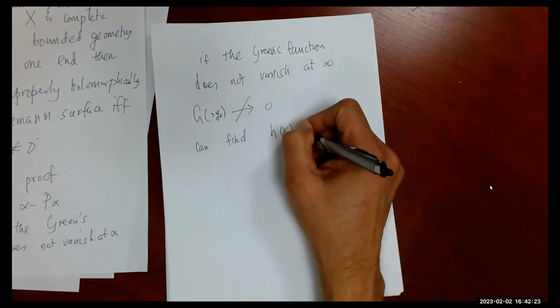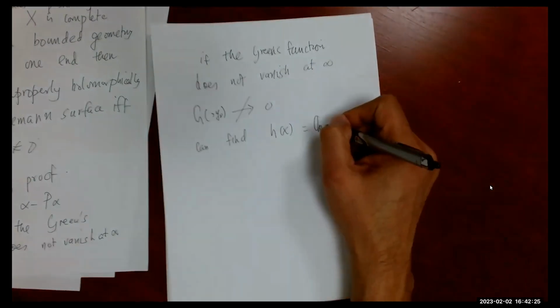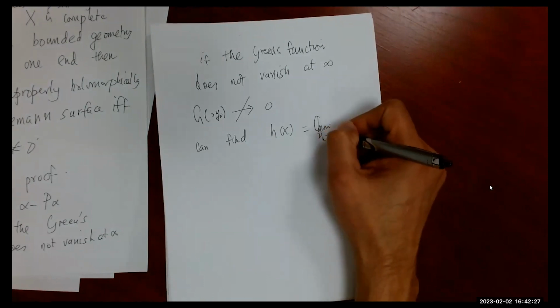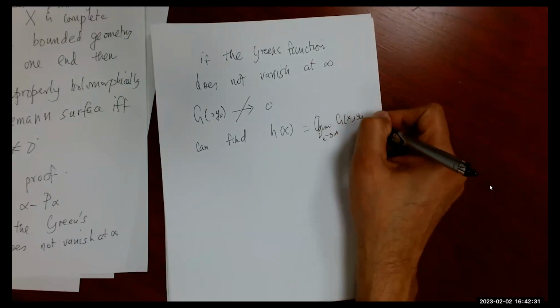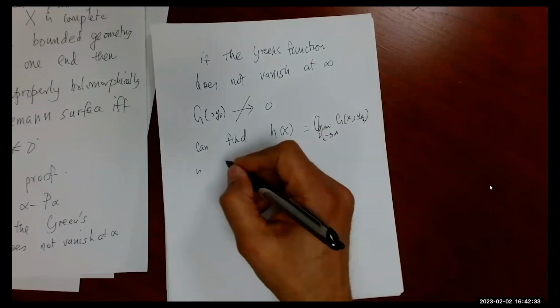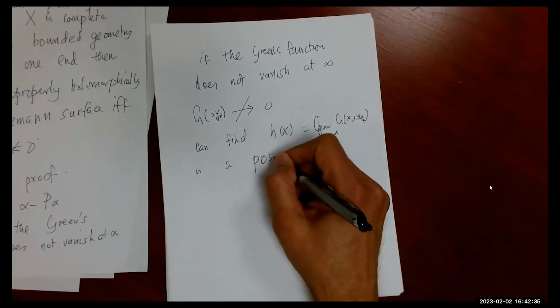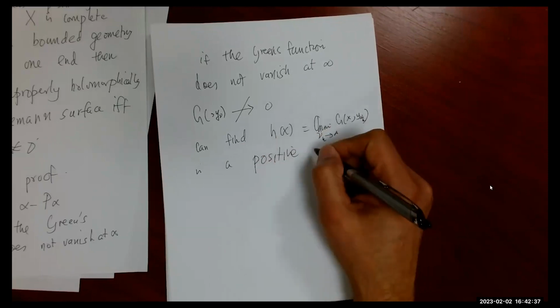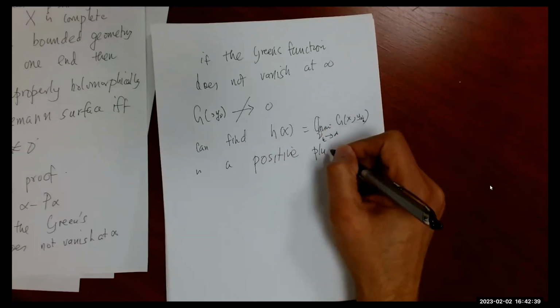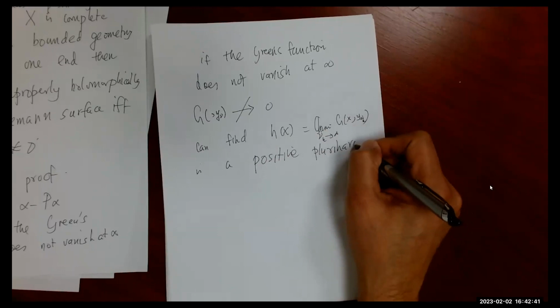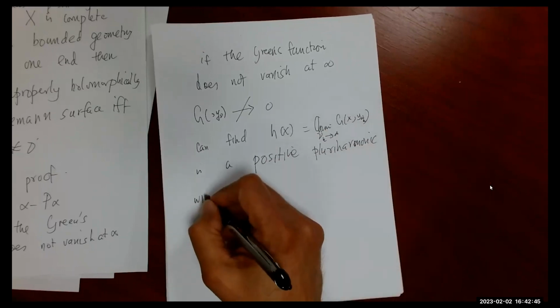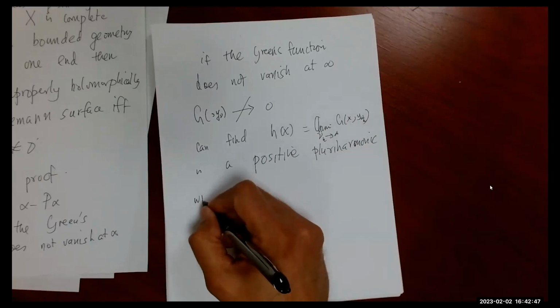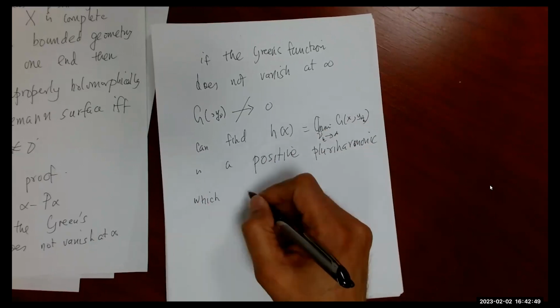Then, by letting a subsequence of this go to infinity, you can find h of x, which is the limit as nu sub k goes to infinity, and it is going to be a positive pluriharmonic function. It requires some work, but it does not have finite energy.